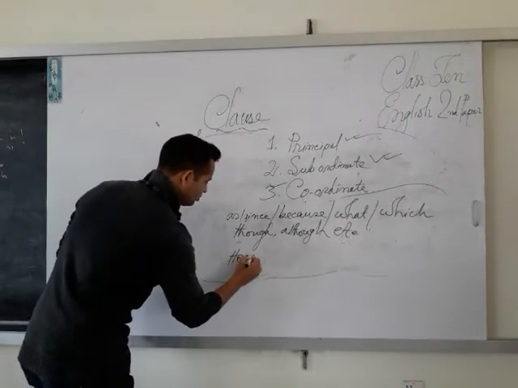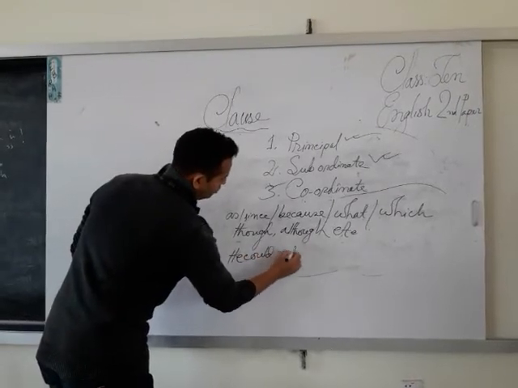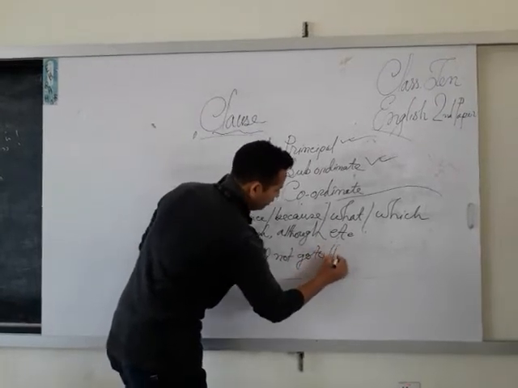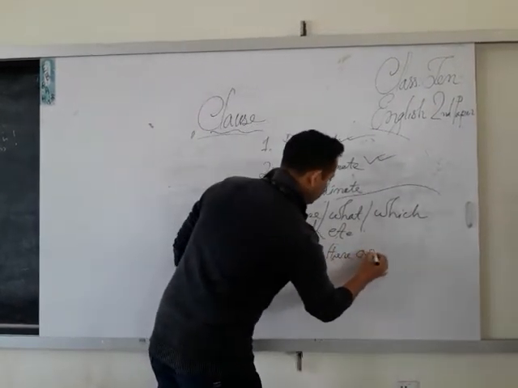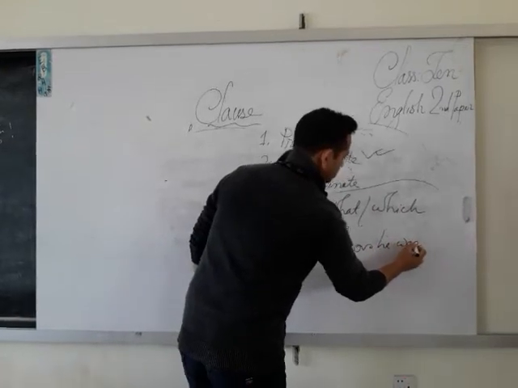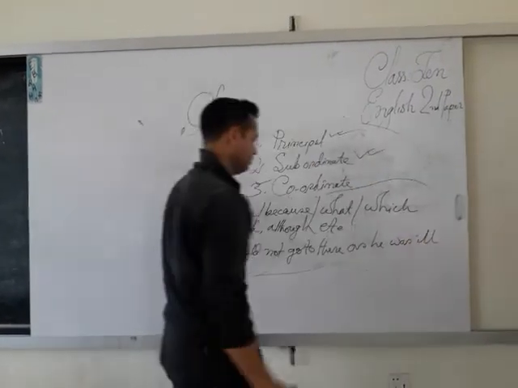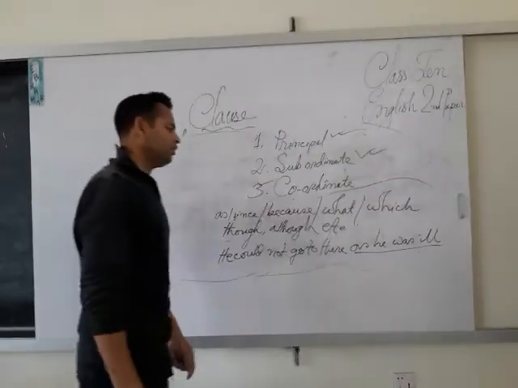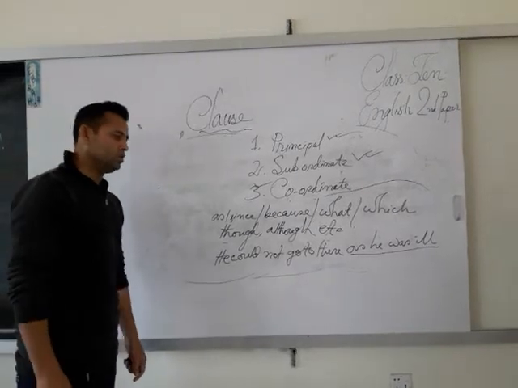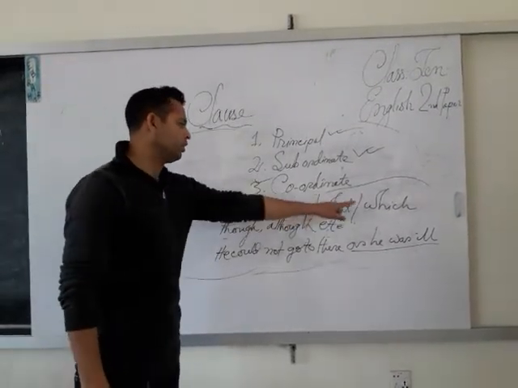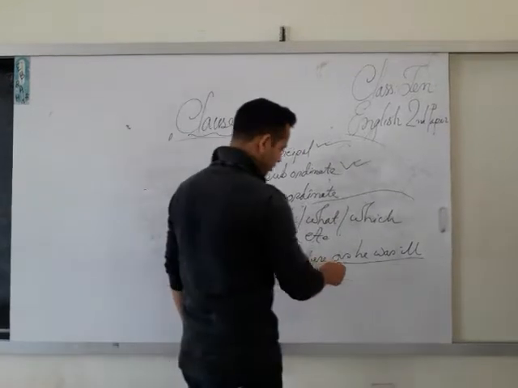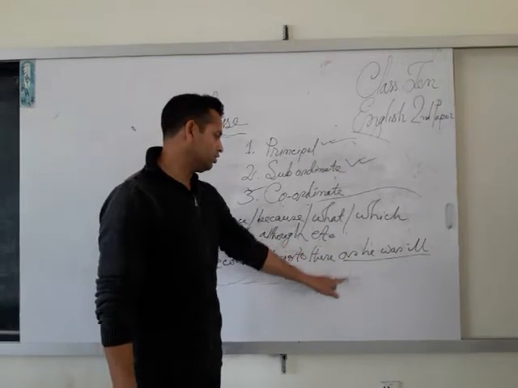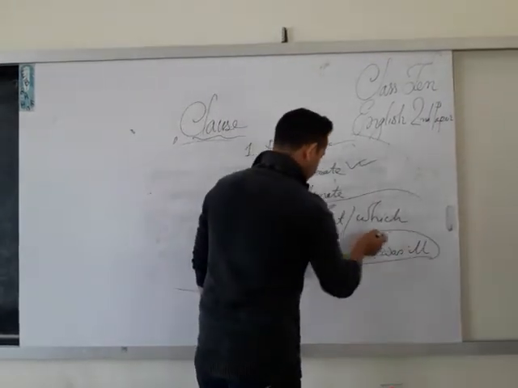For example, "He could not go there as he was ill." The subordinate clause always starts with a subordinating conjunction. "As" is a sign, a clause marker of subordinate clauses. "As he was ill" is the subordinate clause.